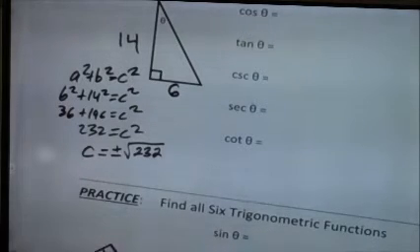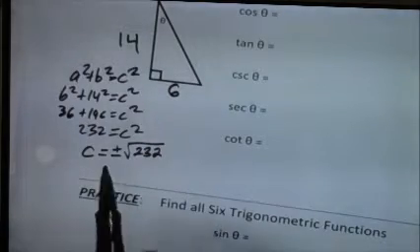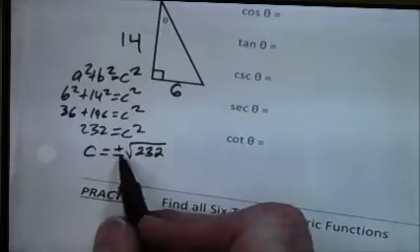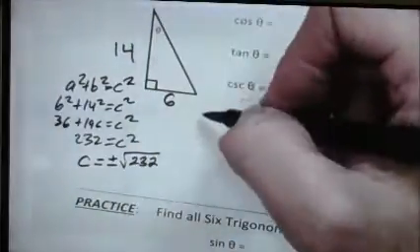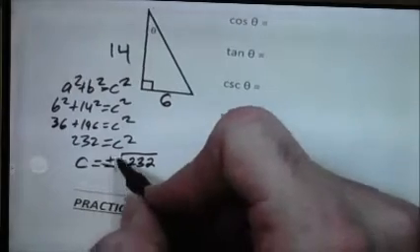Now, when you get up to that, I've got two points about this. The first one is, it's always plus or minus when you take the square root of a number. But we're talking about an actual distance. Distances can't be negative. Therefore, the negative part of this, we can just ignore.